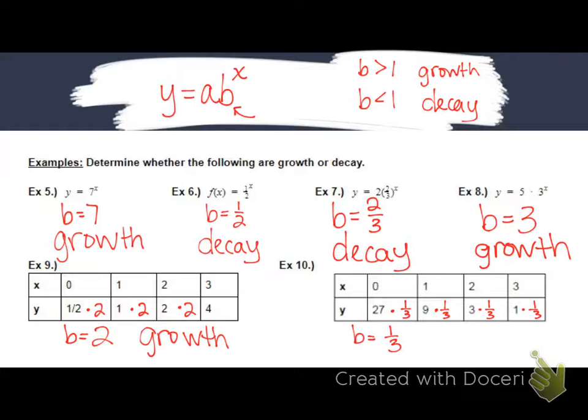So this is a decay function, which should make sense even if we hadn't identified b. Our y values are getting smaller, so it's decaying, decreasing. Here our y values are getting bigger, so it's growing.